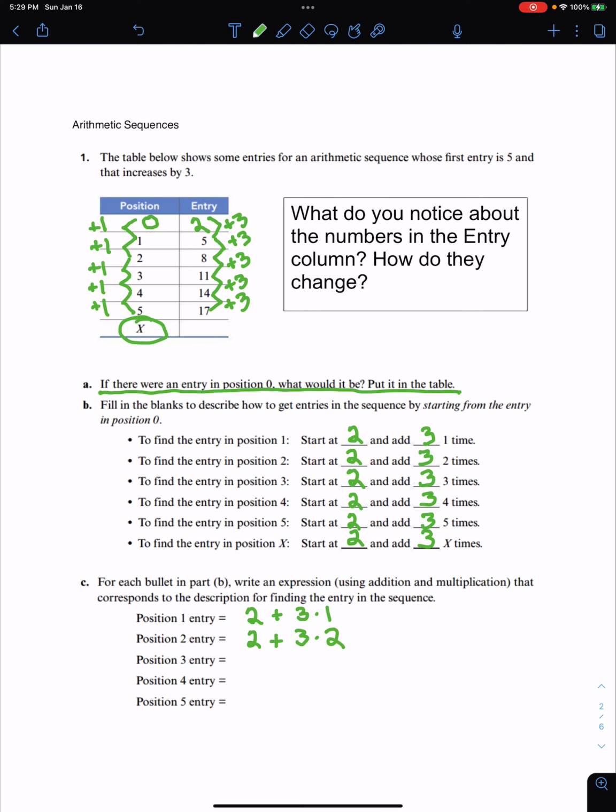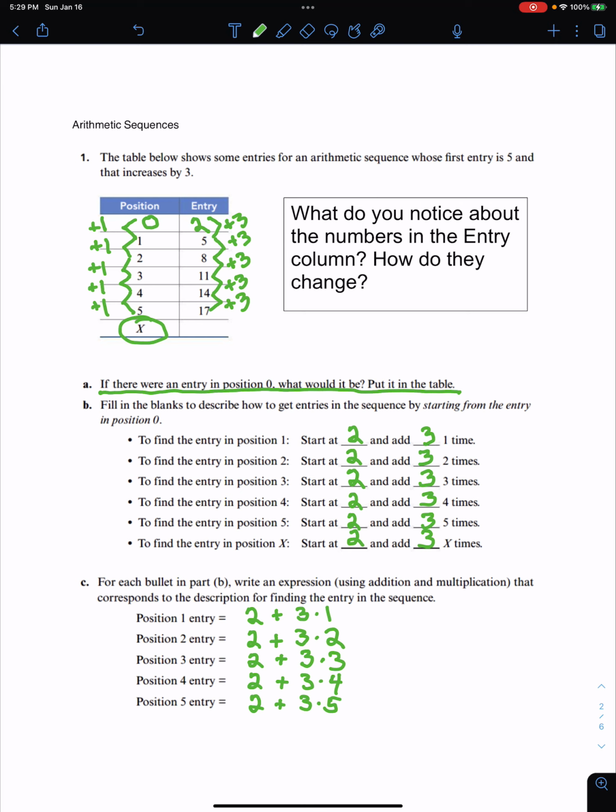For position 3, we're going to start at 2. We're going to add 3 3 times. See the pattern forming? Position 4, add 3 4 times. And position 5, add 3 5 times. Guess what position X will be?